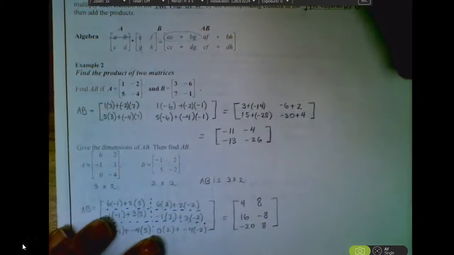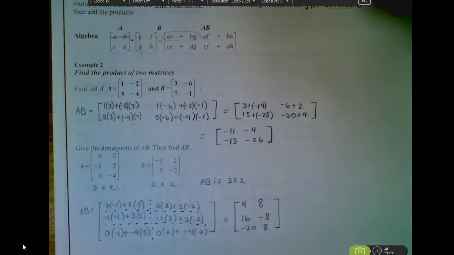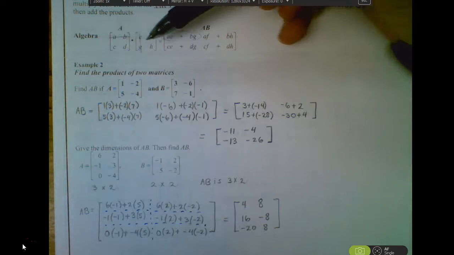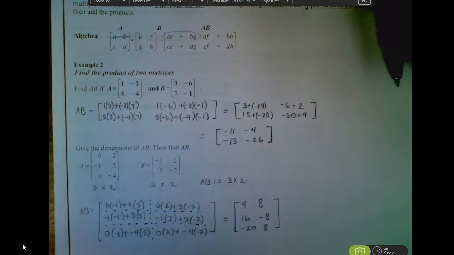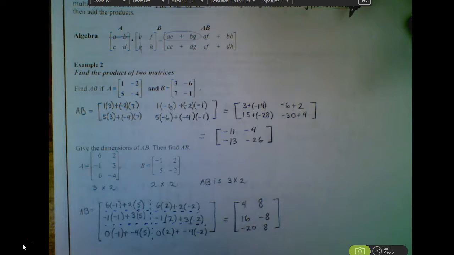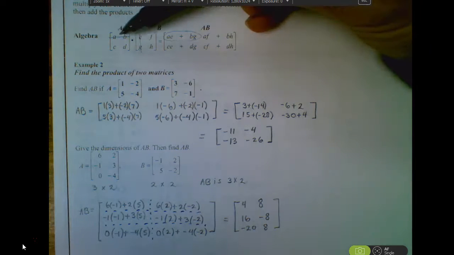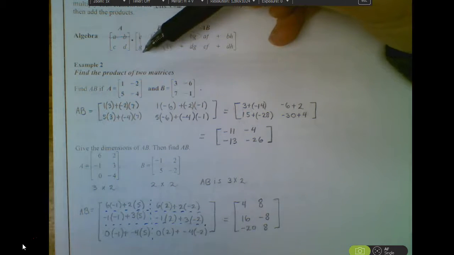When they match up, here's how this works. This would be a 2 by 2 times a 2 by 2, and according to the rules from up above, we're allowed to multiply these. Here's how you multiply. We always do rows times columns.